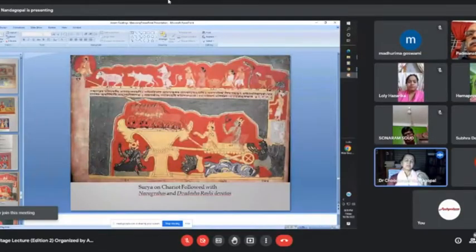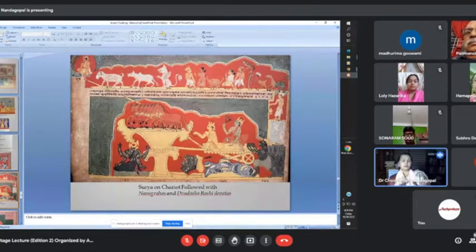Now this is a wonderful painting. If you look at it, you don't find that this is a manuscript painting. It looks like a full-fledged piece. It is Surya in his chariot. I have used this painting in my chariot book. So Surya is going in the chariot, and around him you find the Navagrahas. Down you see Rahu and Ketu.